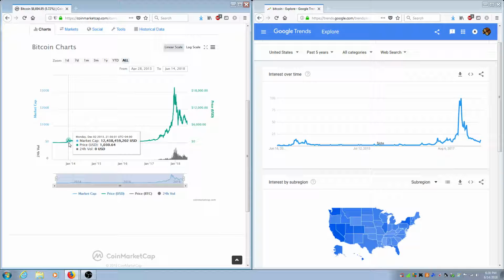People that were really involved in the community, really believed in Bitcoin, really thought that this was the future of money, really thought that this could be a revolutionary idea and change the way our monetary system works and be able to take down the Federal Reserve.